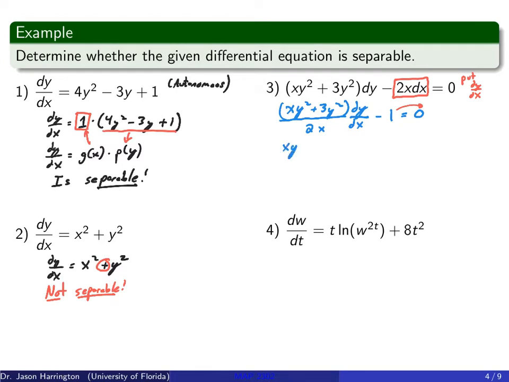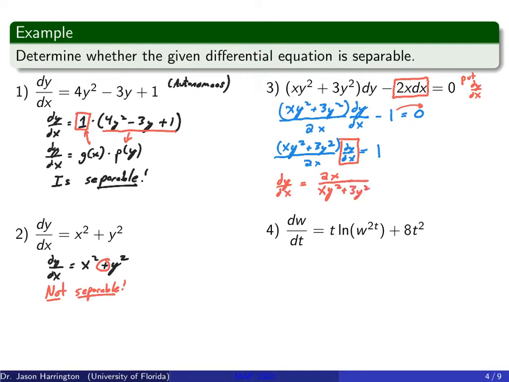So I have x y squared plus 3y squared, divided by 2x, times dy over dx is equal to 1. And then to solve for dy over dx by itself, I'm just going to multiply the term in front by its reciprocal. And so then I get dy over dx is equal to 2x divided by x y squared plus 3y squared.